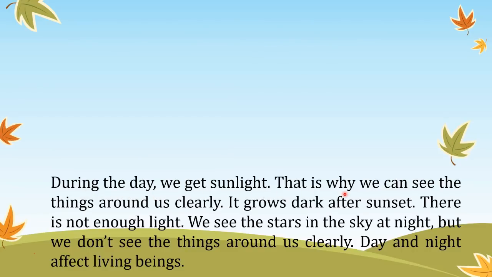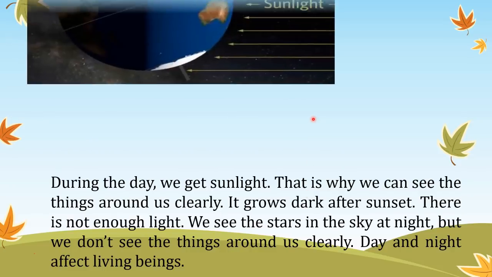That is why we can see the things around us clearly. It grows dark after sunset. There is not enough light. We see the stars in the sky at night, but we don't see the things around us clearly. Day and night affect living beings.